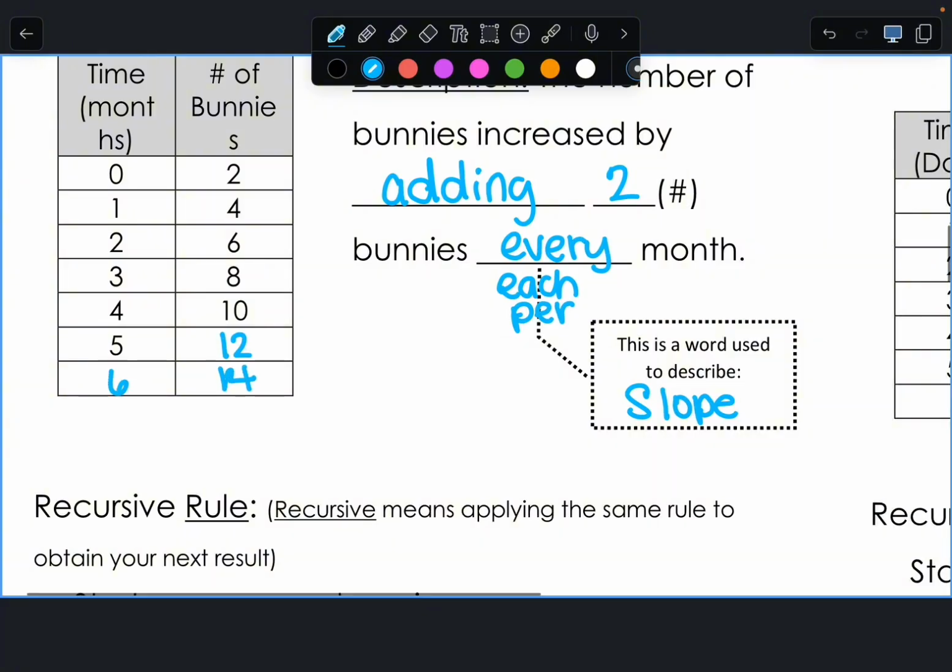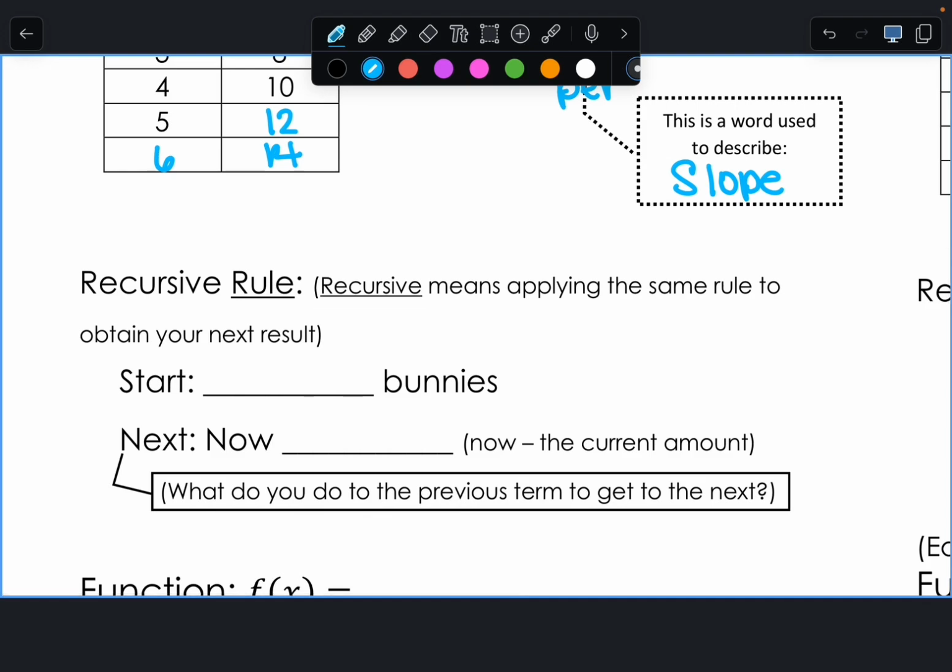So the recursive rule means to apply the same rule to obtain your next result. We started with how many bunnies? 2 bunnies. And if we started with 2 bunnies, that represents my y-intercept. The next thing, what did you do to the previous term to get to the next? You add 2.